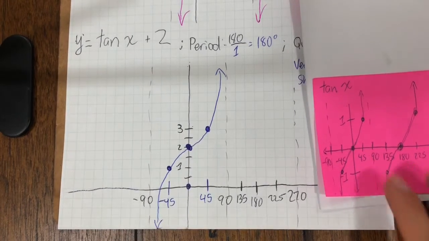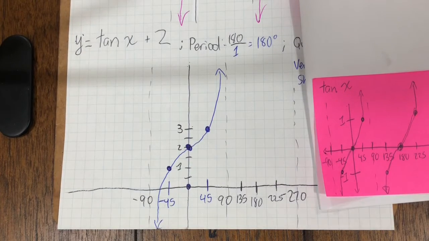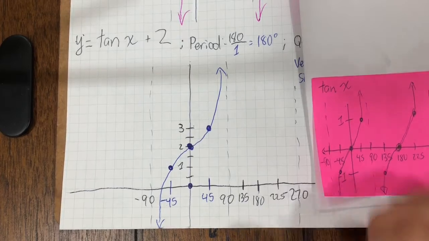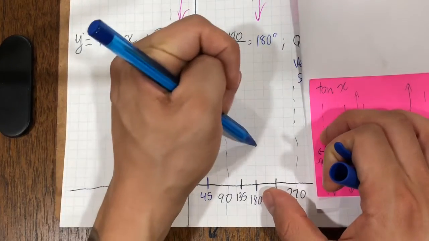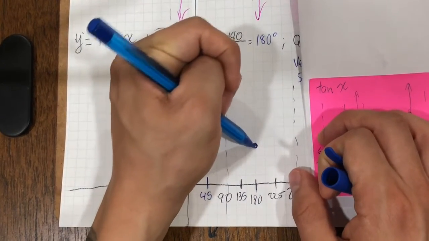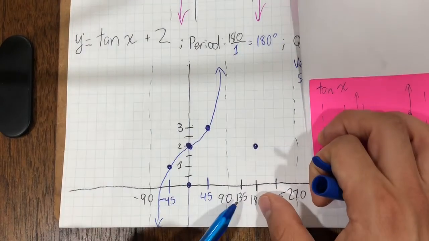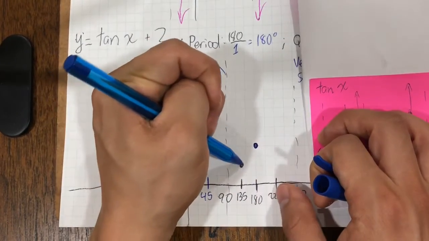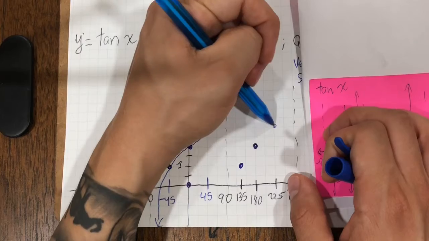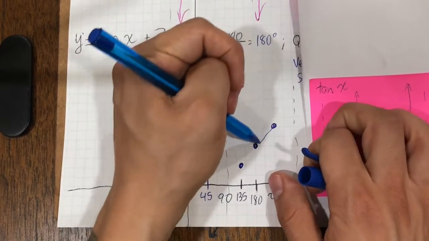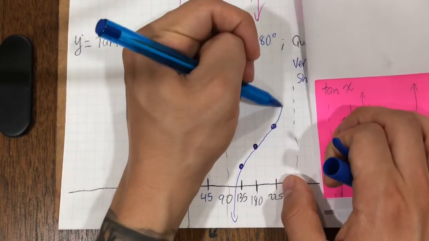All right, so now I'm gonna plot my points, starting with 180, which is the midpoint. Now remember, all of the midpoints are at 2 for my y value. Then my 135 is low. And then 225 is the highest. Connect the points. There we have our graph.